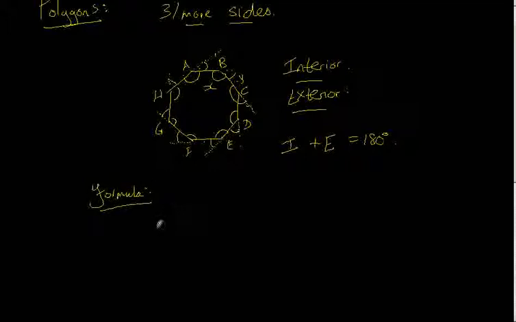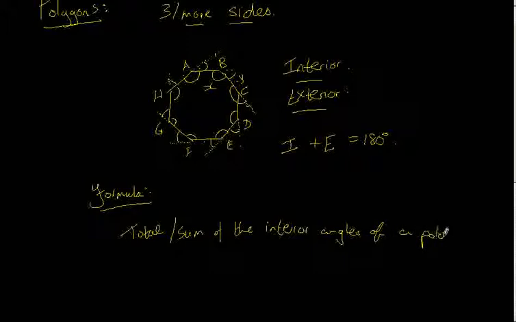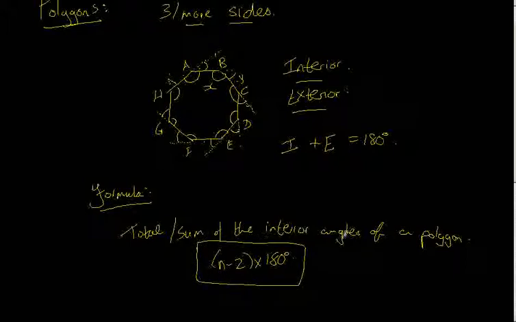First of all, if we want to find out the total or sum of the interior angles of a polygon, this is the formula: n minus 2 times 180 degrees. This formula will tell us the total or sum of the interior angles of any polygon with n sides, where n is the total number of sides of your polygon.